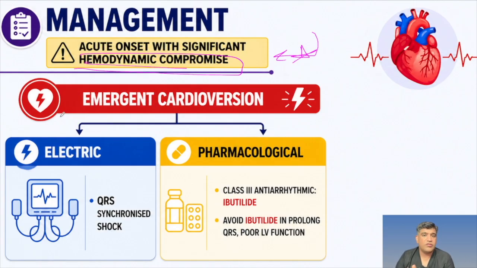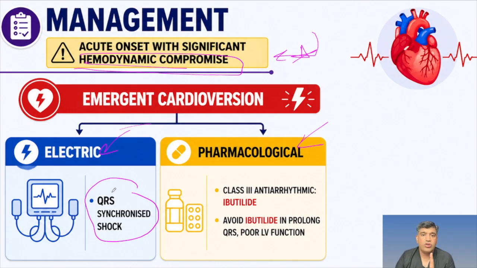There is no other way to manage these patients. The only reliable way to manage patients with acute onset and significant hemodynamic compromise is emergent cardioversion. This cardioversion can be done electrically or pharmacologically. Electrical cardioversion is done by QRS synchronized shock.